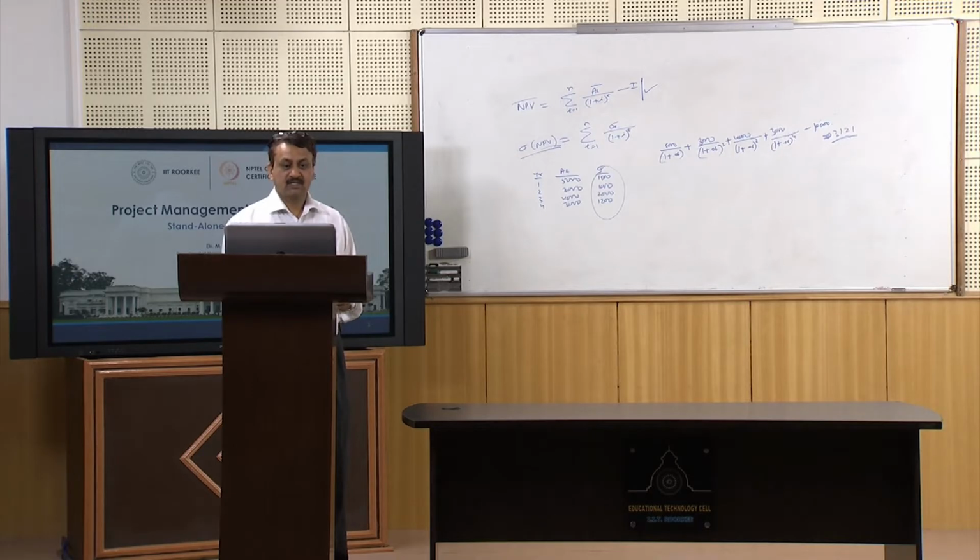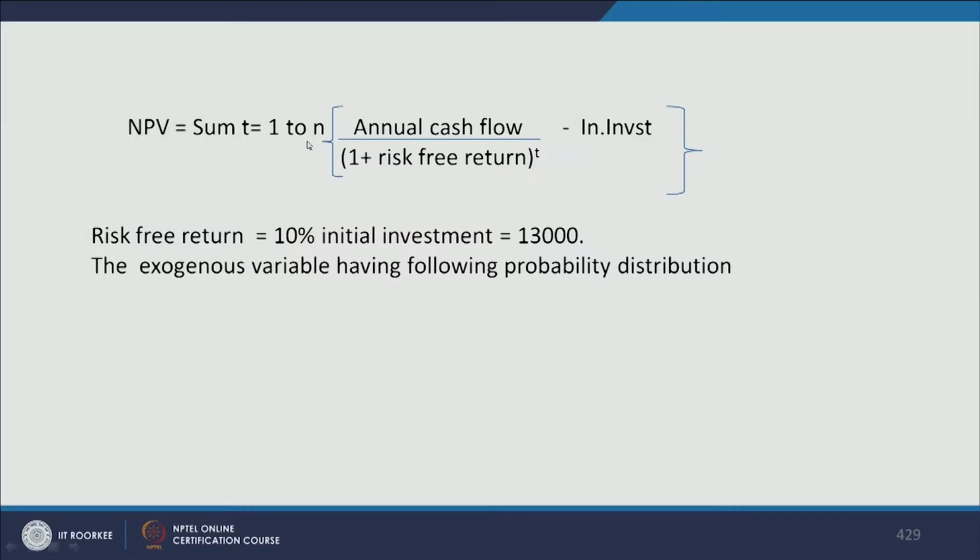So, we will take an example, and this is a very simple method. The simulation analysis is very simple. NPV is equal to the summation from 1 to n of annual cash flow divided by (1 plus risk free return) to the power t, minus initial investment, right.